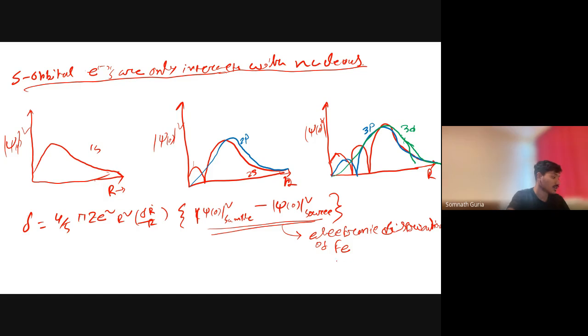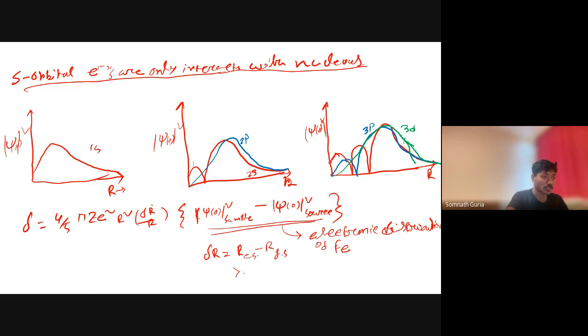And here is the delta R. Delta R equals R, the radius of the nucleus, R of the excited state minus R of the ground state.